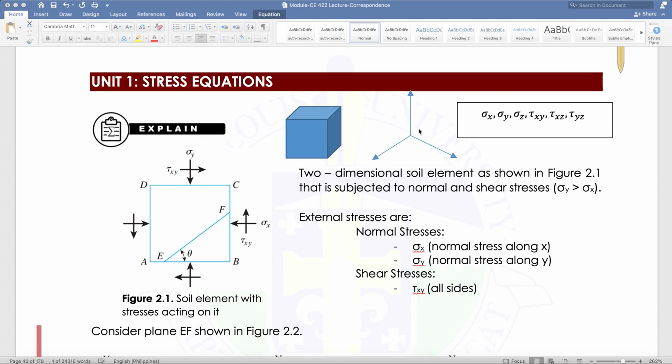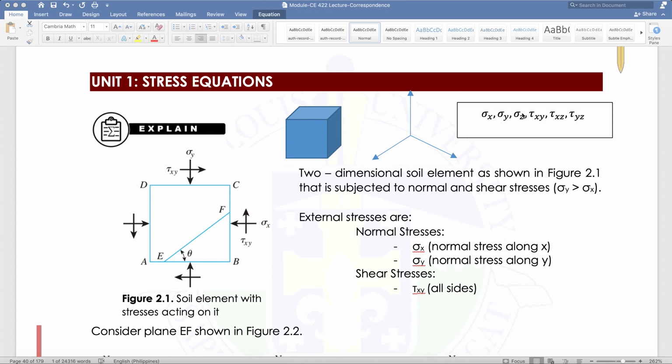But for two-dimensional, we are going to analyze it in a two-dimensional manner, because stress would affect vertical and horizontal, or the y and the x axis. The z-axis is negligible, almost equivalent to 0.